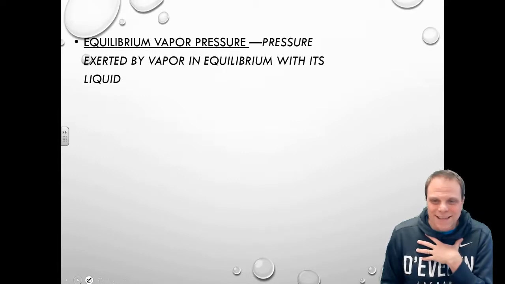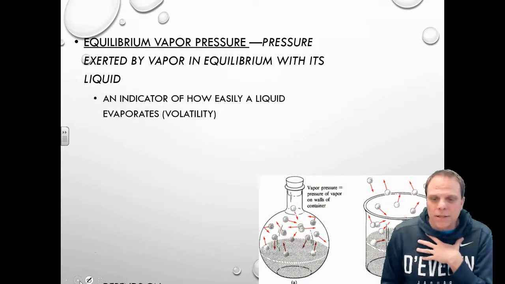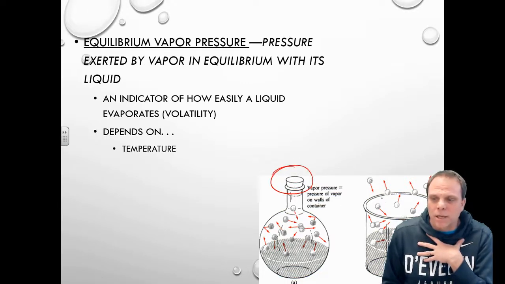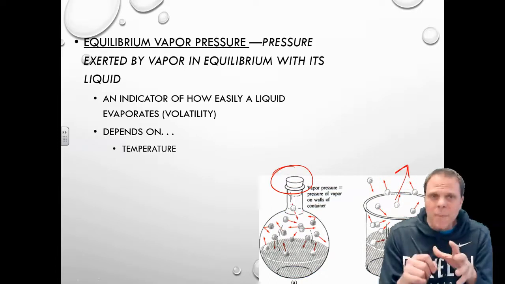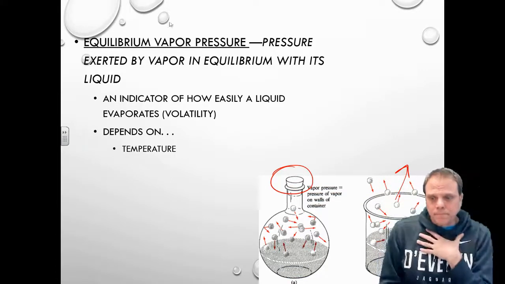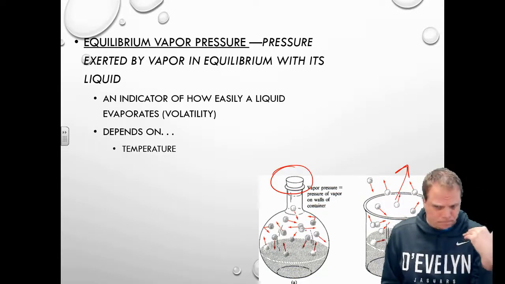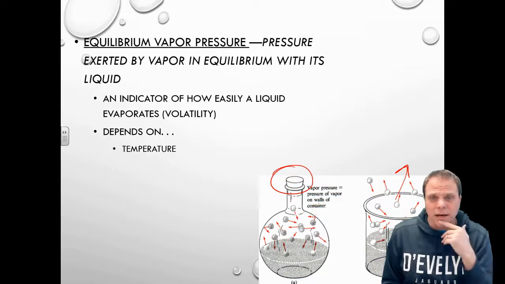All right, so let's look at equilibrium vapor pressure. If you look at these little containers here, we've got some containers that have some air particles in them. Now notice that this one is closed and this one is open. So the particles are able to escape here, but they're not able to escape here. Vapor pressure is the pressure that is exerted by the liquid. This liquid is having particles fly out, and those particles are colliding with the inside of the container.